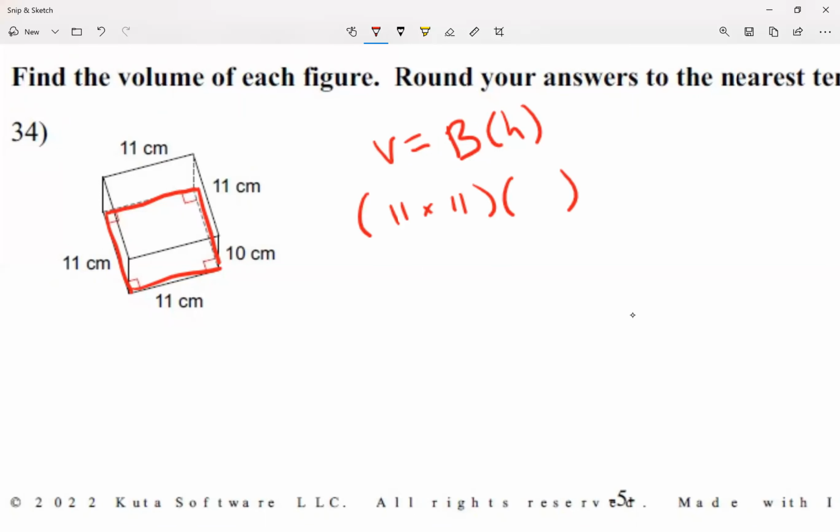The height is a number that has nothing to do with my base, in this case 10. I'm just going to multiply that out: 11 times 11 times 10. And my result is 1,210. If I had this in cubes, an 11 by 11 base, and I had the base 10 times, and you counted them, it would be 1,210.